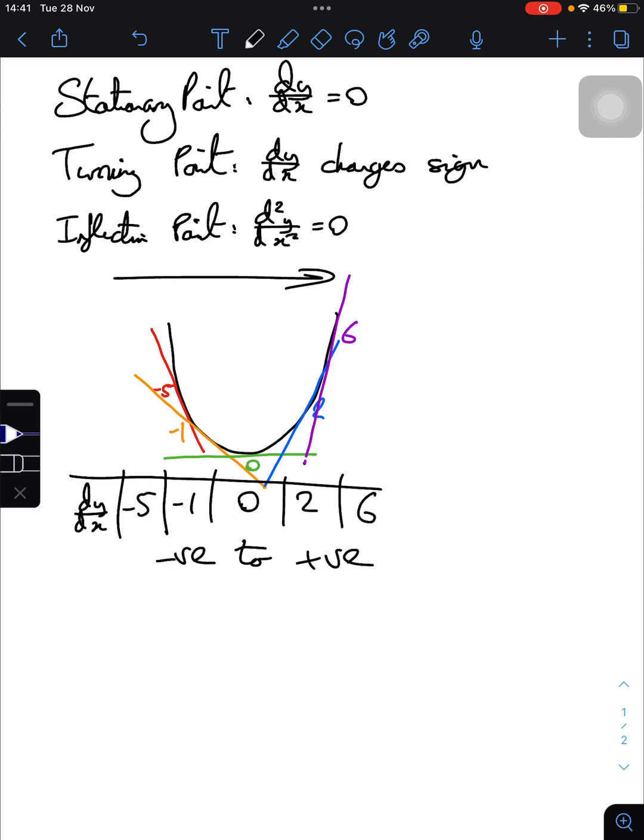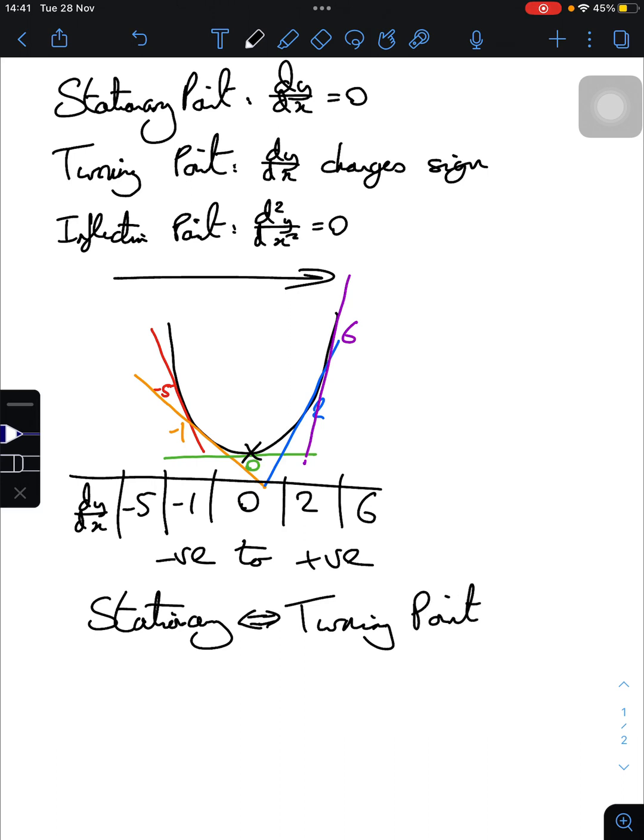And so therefore, in this case, our stationary point and our turning point exists at the bottom of the curve. So our stationary point equals our turning point, or a stationary point implies our turning point, or let's say they're both equivalent. So that's my equivalent sign, turning point.